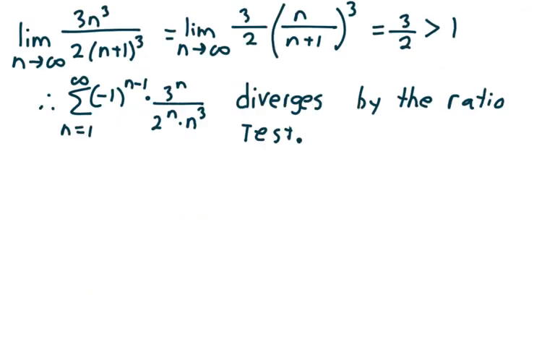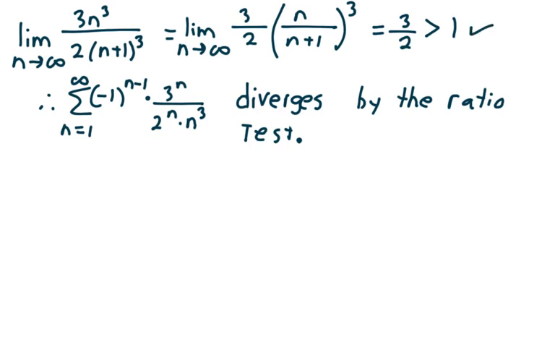So we can look at the limit as n goes to infinity of 3n^3 over 2 times (n+1)^3. This is equal to the limit as n goes to infinity of 3/2 times the quantity n times n over n+1 cubed. And this is equal to 3/2, which is greater than 1.